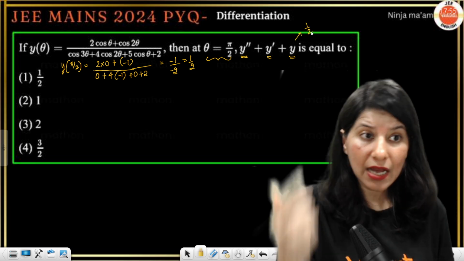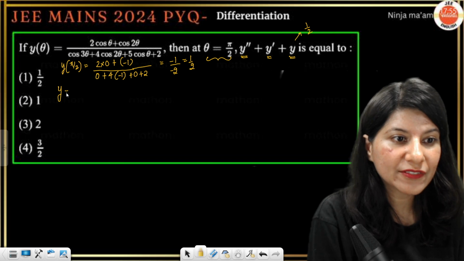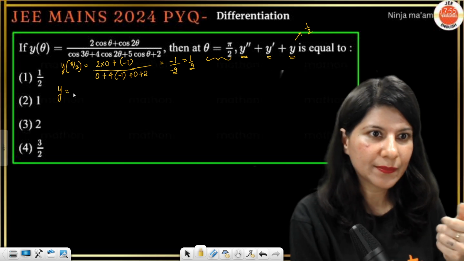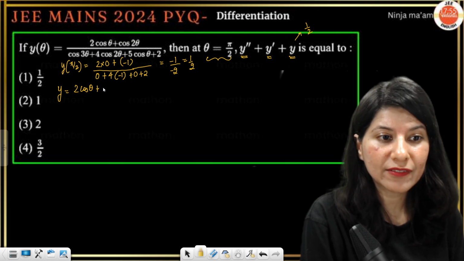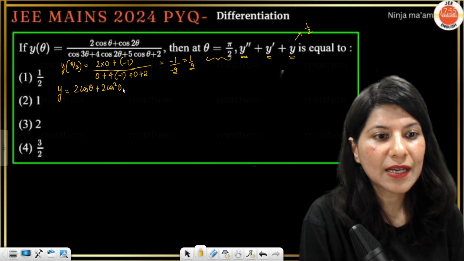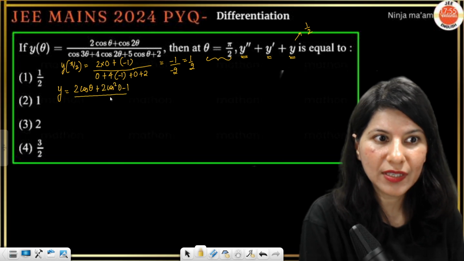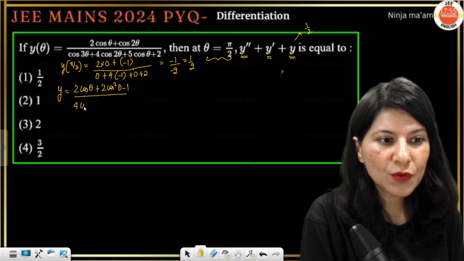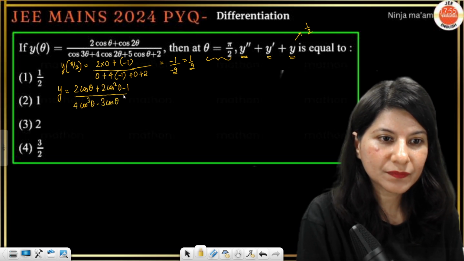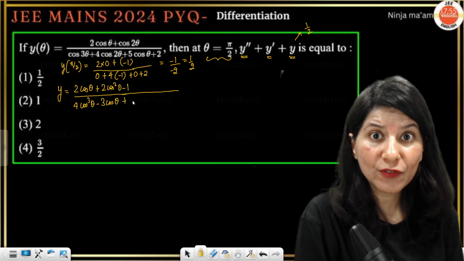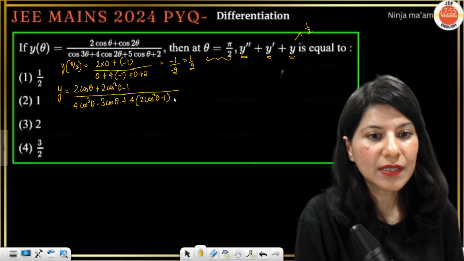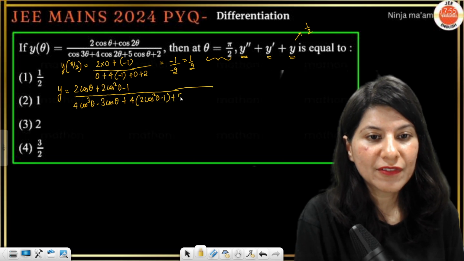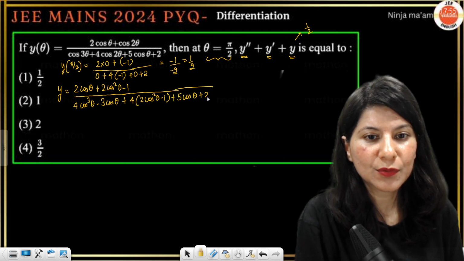Now what we need to do is simplify y of theta a little bit. 2 cos theta I will keep as it is. Cos 2 theta will be 2 cos square theta minus 1, whole upon cos 3 theta, which will be 4 cos cube theta minus 3 cos theta, plus 4 cos 2 theta, that is 4 times 2 cos square theta minus 1, plus 5 cos theta plus 2.